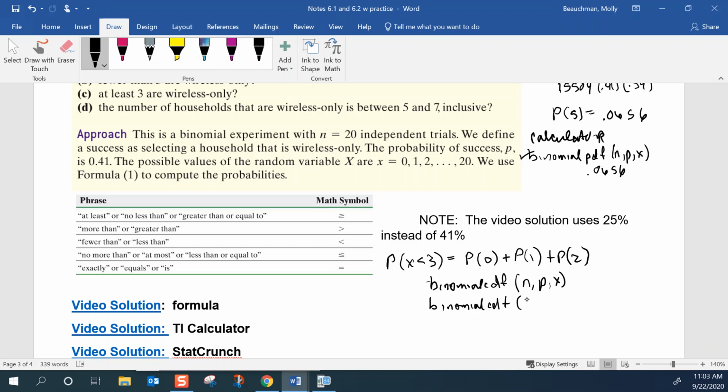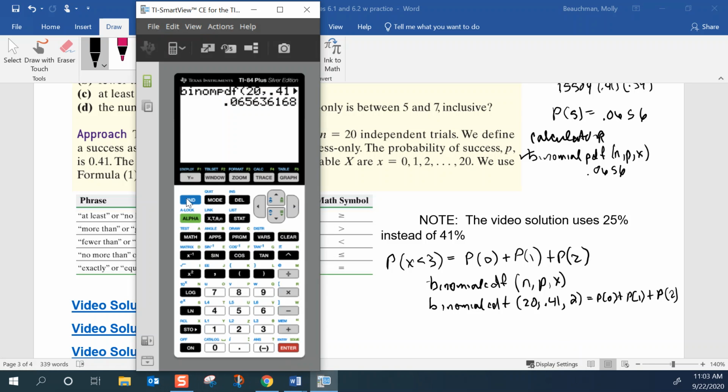N in this case is 20. P is 0.41, and I'm going to put in 2. What that's going to do is the probability of 0 plus each probability up until the number you put in. So the binomial CDF will give you the sum of probabilities from 0.